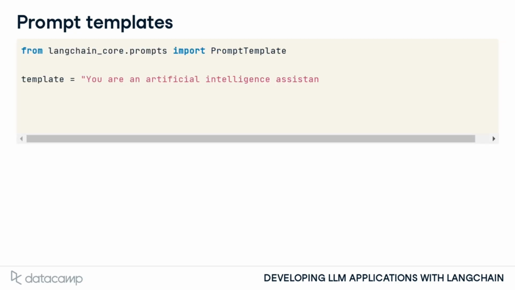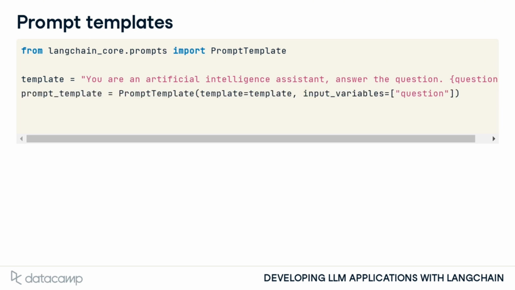We start by creating a template string, which is structured to prompt the AI to answer a question. The curly braces indicate that we'll use dynamic insertion to insert a variable into the string later in the code. To convert this string into a prompt template, we pass it to prompt template, specifying any variables representing inputs using the input variables argument.